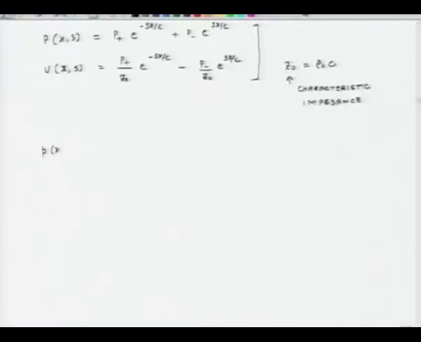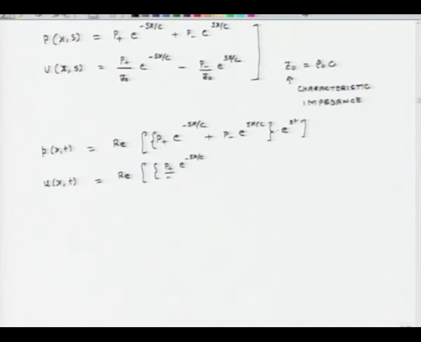So, from these equations I can now write the full form for pressure and velocity. P, which is a function of x and time, equals real of P plus e to the power of minus s x over c plus P minus e to the power of s x over c, times e to the power of s t, and u, which depends on again x and time, is real of P plus e to the power of minus s x over c over z naught minus P minus over z naught e to the power of s x over c, times e to the power of s t.